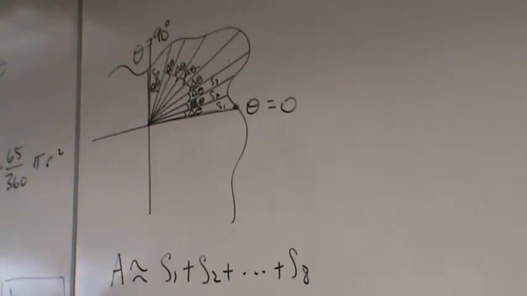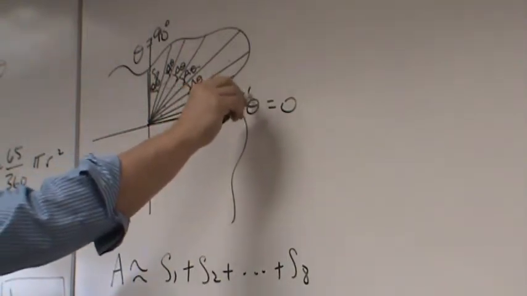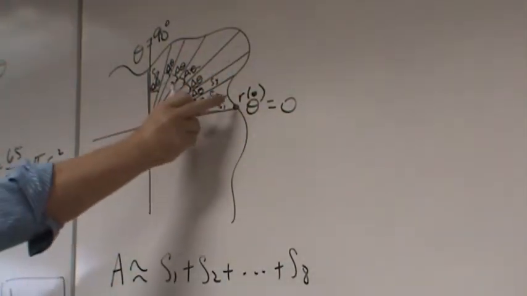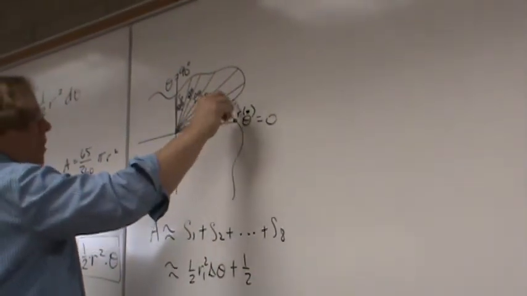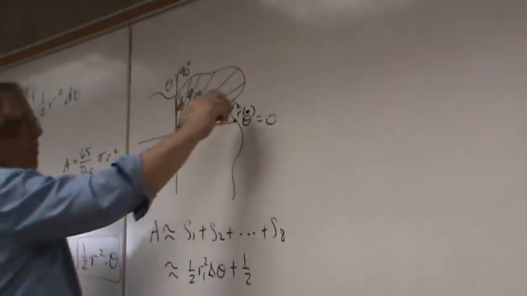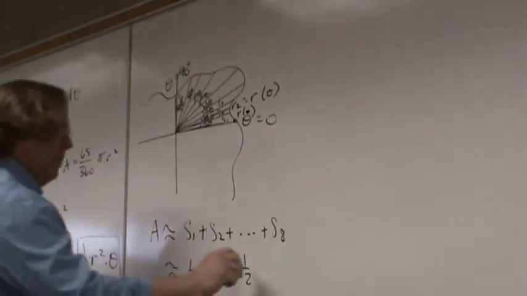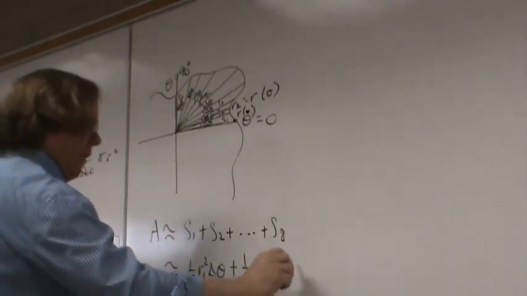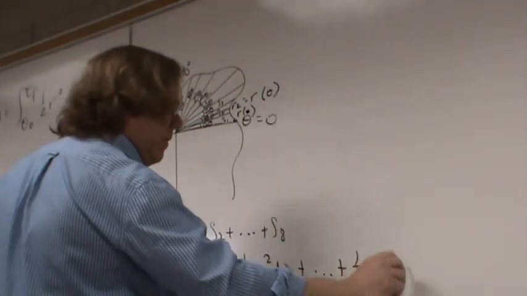So my area is 1/2 r1 squared times delta theta, plus 1/2 r2 squared delta theta, where r is r of theta at that angle, plus dot, dot, dot, all the way to 1/2 r8 squared times delta theta.